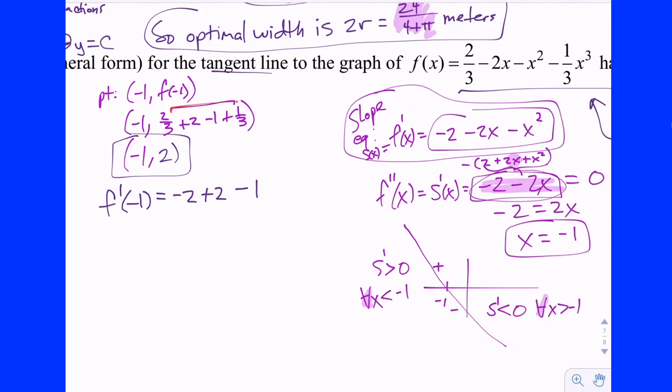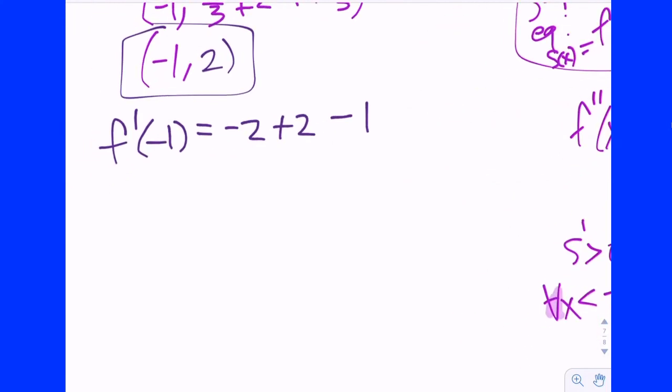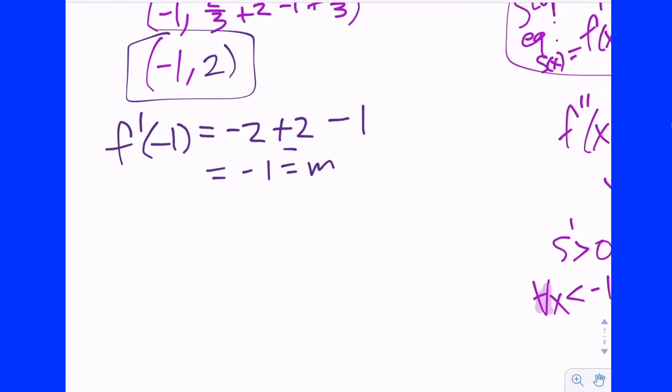Is that right? Negative 2 plus 2 minus 1. And if what we said was true, that better be a negative number, right? Oh, good. It's negative 1. So there's the slope. All right, so now we have all our ingredients measured and put in little bowls. Real easy to make the recipe now, right? We just drop it into our template.